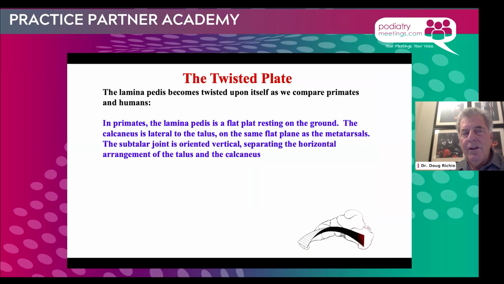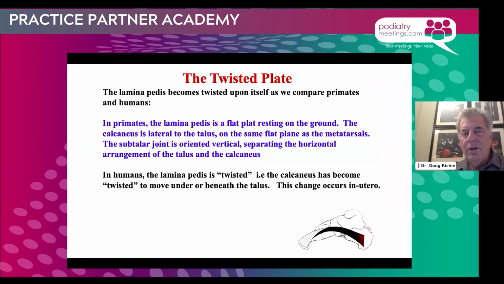So when we compare the human skeletal alignment to primates, the lamina pedis is entirely a flat plate in the primate foot. The subtalar joint is oriented vertically, not horizontally. In humans, we take this foot plate and it's twisted, where the calcaneus becomes positioned beneath the talus. This change actually occurs in utero.